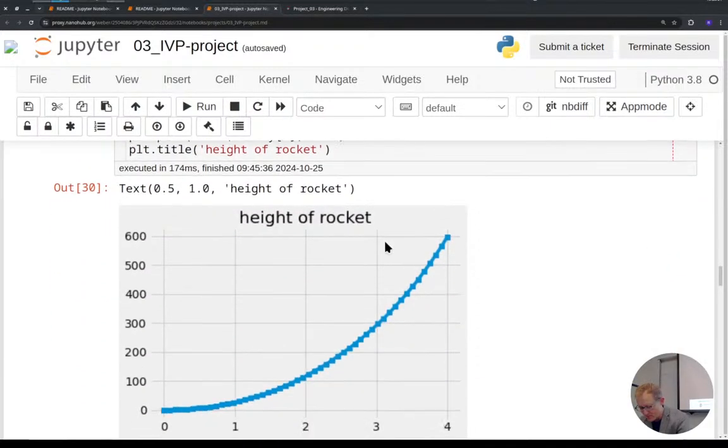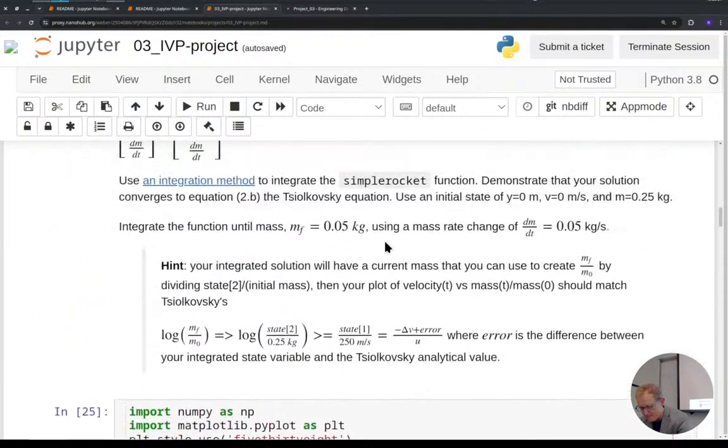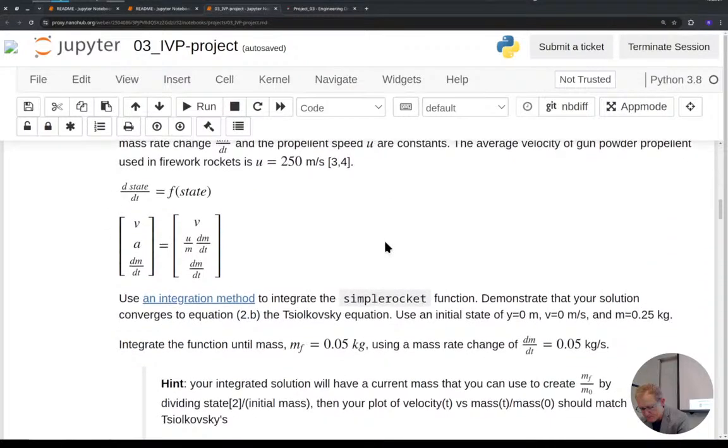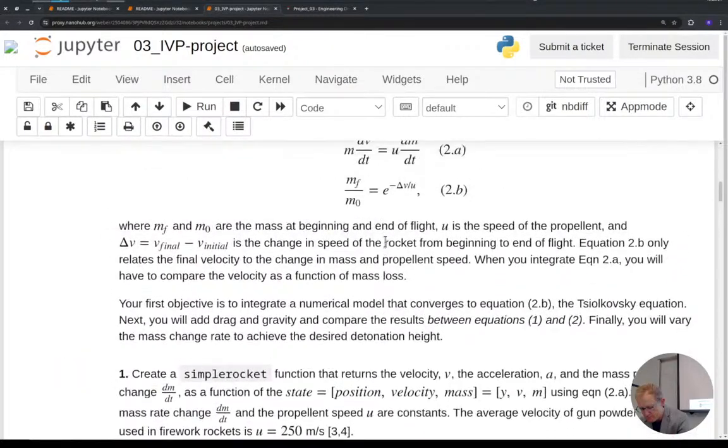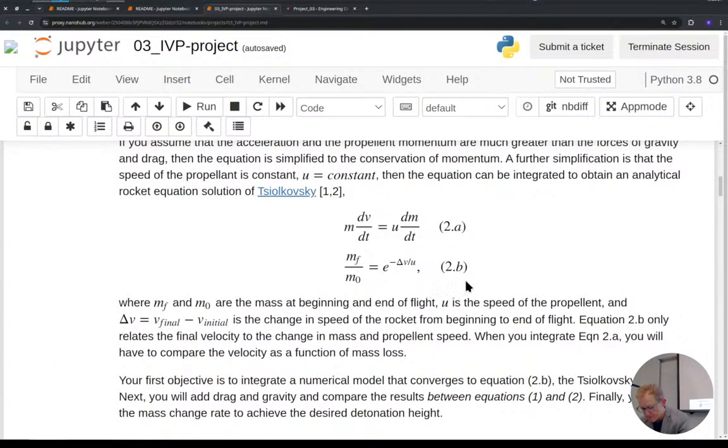Alright, so we were just playing around with this. We can use solve IVP, we can use Euler step, we can use all these different integration methods, but the goal is how do I show that I have that solution.